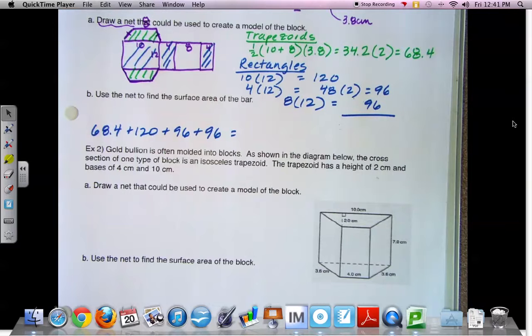How many are like that? 2. 50.4. And the last one is 7 by 4, which gives us 28. How many are like that? 1. Now what do we do?